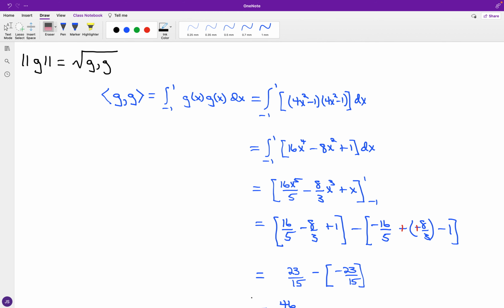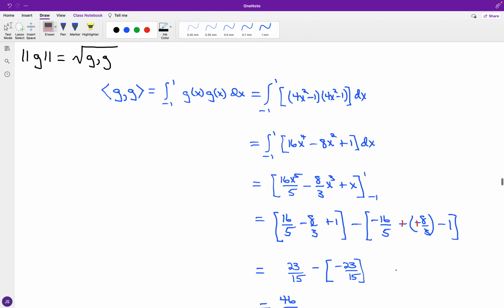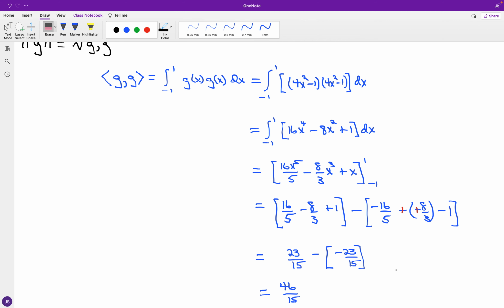When x is 1, we have 23/15 for the result in this particular trinomial, and for x equal to negative 1, the value comes out to negative 23/15. In terms of the integration process, taking the upper limit result and subtracting the lower limit result, we have 23/15 plus another 23/15.